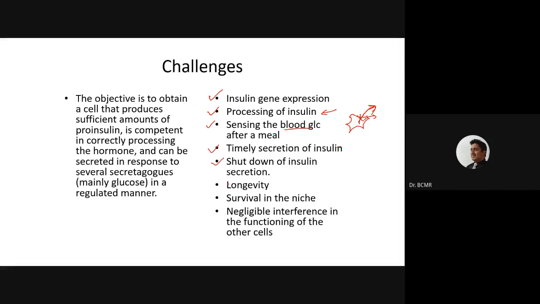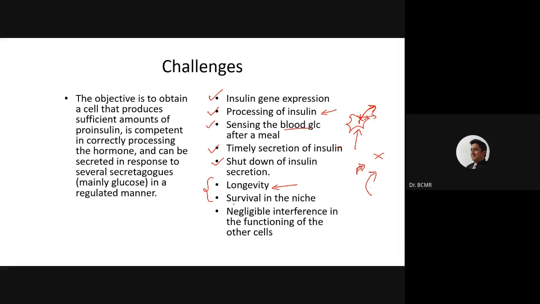The cells that we are putting in the body should live for a long time. It's not like we put in repaired cells to produce insulin and those cells die in a year, and again we have to put them into the body. That's going to cause a lot of problems, right?